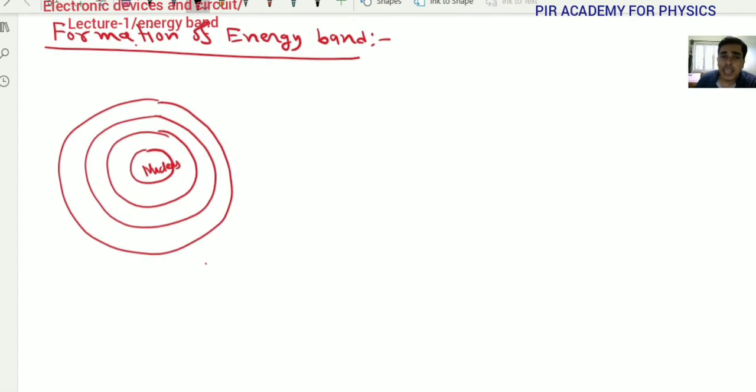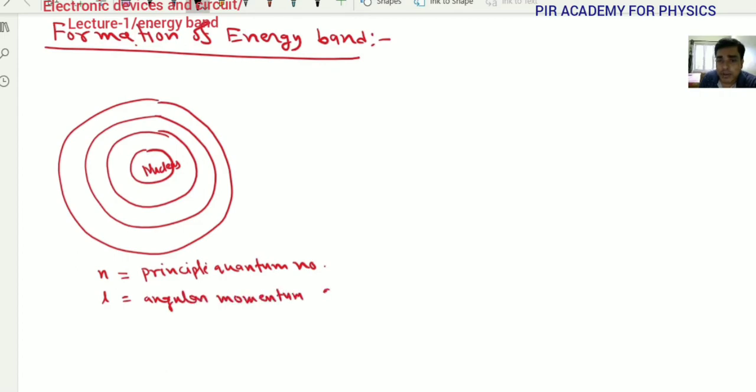Here n is called the principal quantum number, l is the angular momentum quantum number, and m is the magnetic quantum number.